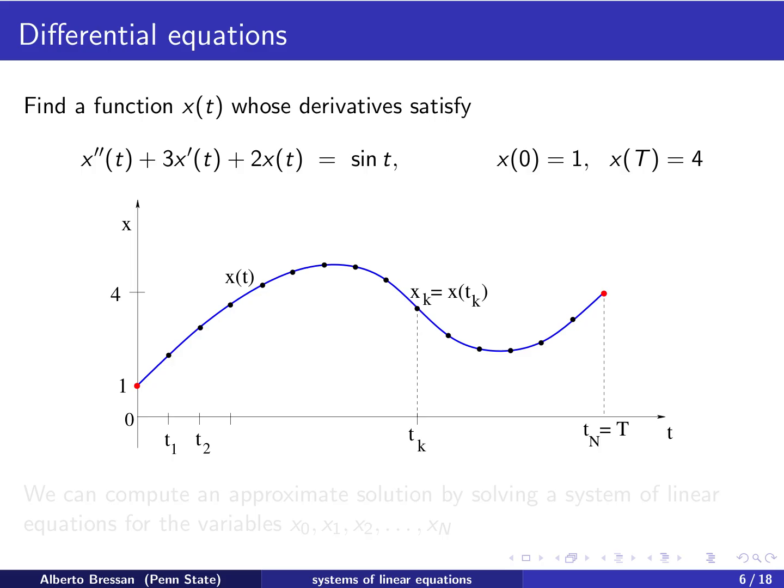So one way of finding a solution to such an equation would be using numerical algorithms to find a good approximation to the solution, because sometimes an exact solution might not be possible to find.